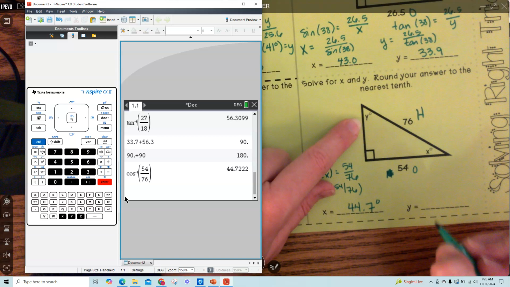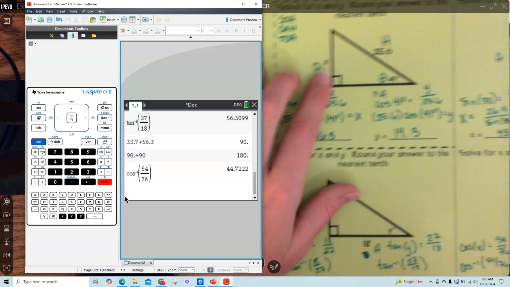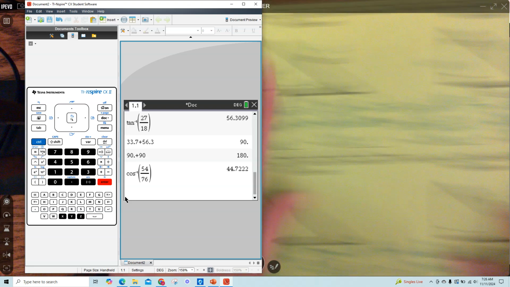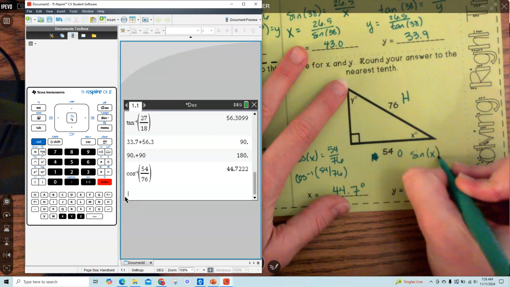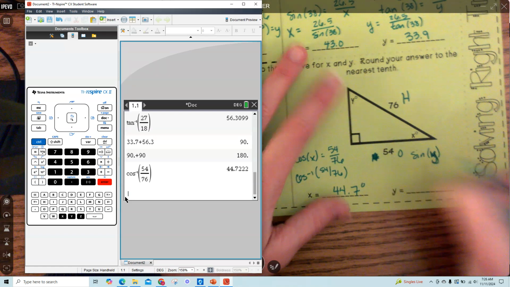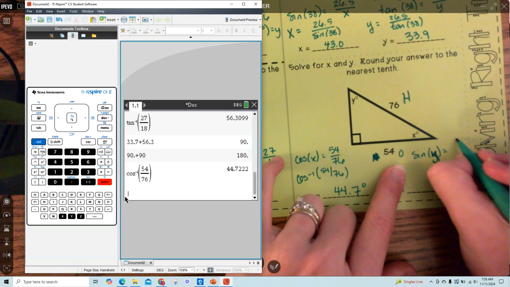When it comes to angle y, though, this is no longer the adjacent. This is the opposite side. So if we have opposite and hypotenuse, we're doing sine. So the sine of angle y is equal to opposite over hypotenuse.